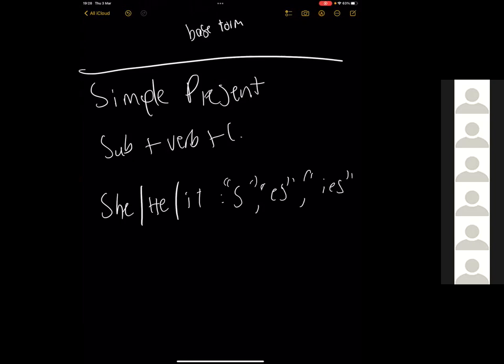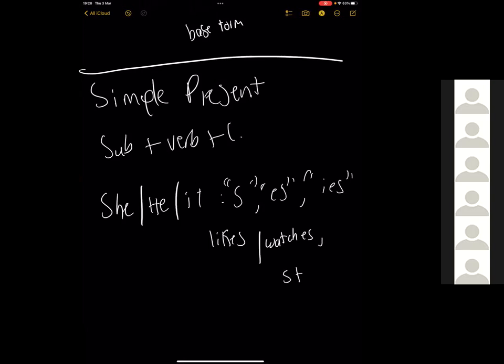For example, for s, lights, you need to add the s. For es, maybe watch, you need to add the es. Watches, like she watches, he watches. And for ies, that'll be a verb like studies.